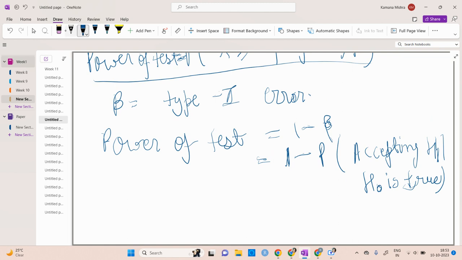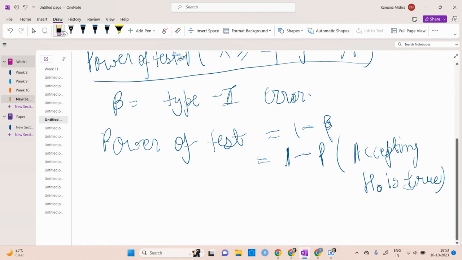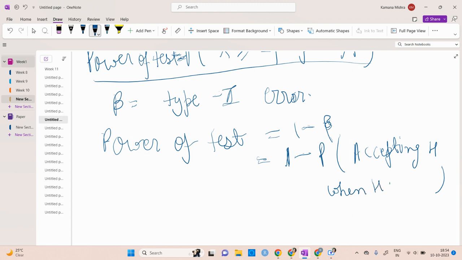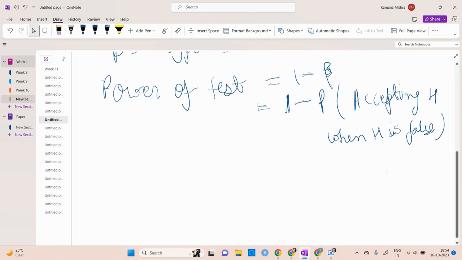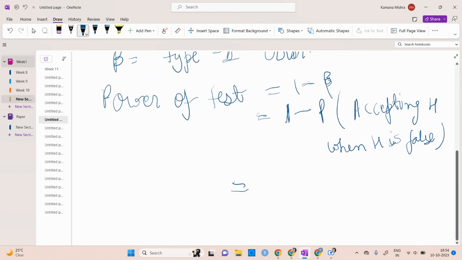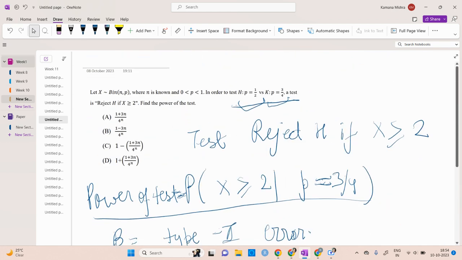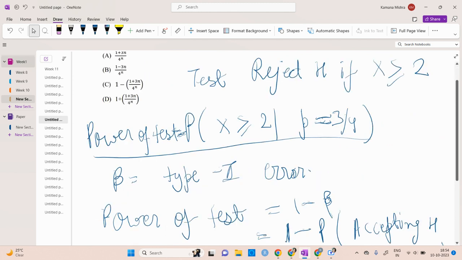So this means, accepting H when H is false. So now when we are accepting H, here we are rejecting H if X is greater than 2.